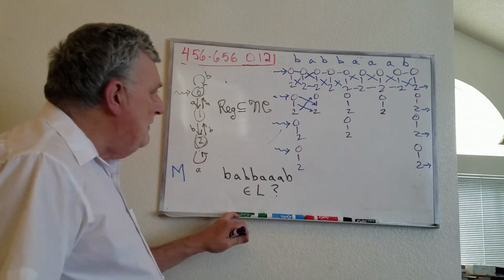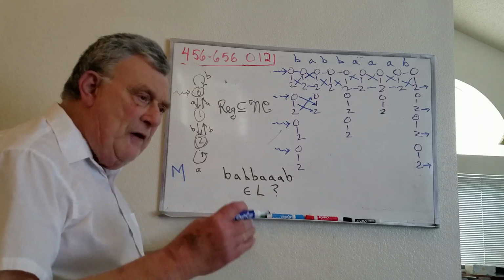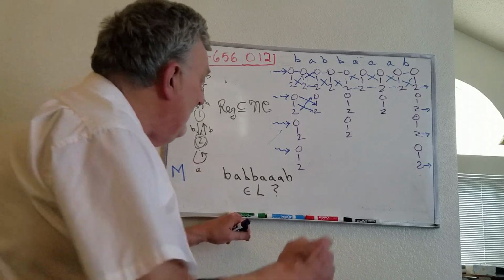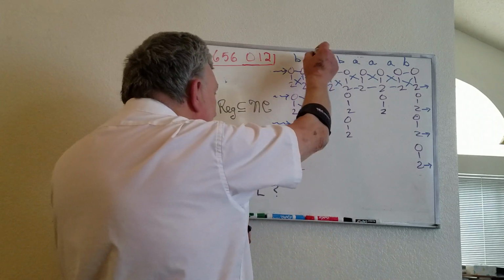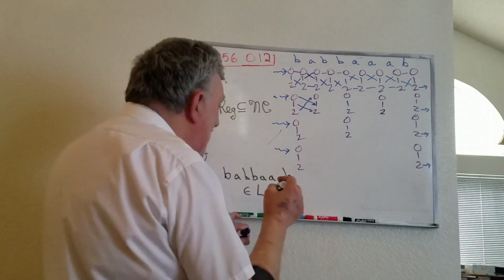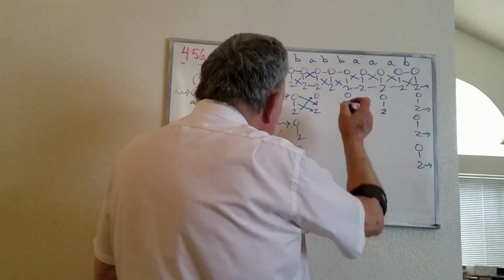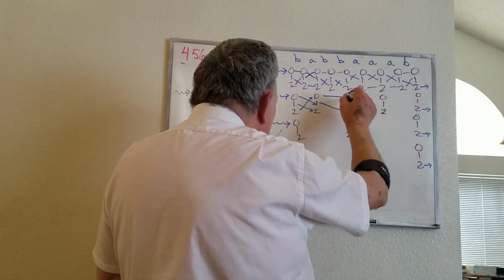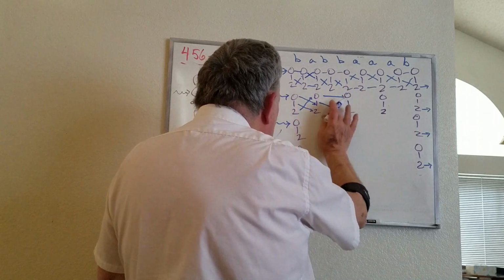Because layer 0 refers to before I have read one symbol, so I have read 0 symbols. And this layer corresponds to what the situation is after I've read the first 2 symbols. All right, now I use these rules here to define what happens in this case.